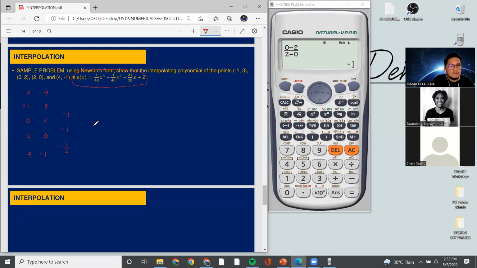Okay, then for the second divided difference, no, we have negative 1 plus 1. Negative 1 minus negative 1 is 0. So 0 na siya diretso. Okay. The next is negative 1/2 minus negative 1, that is positive 1/2 over 4 minus 0.